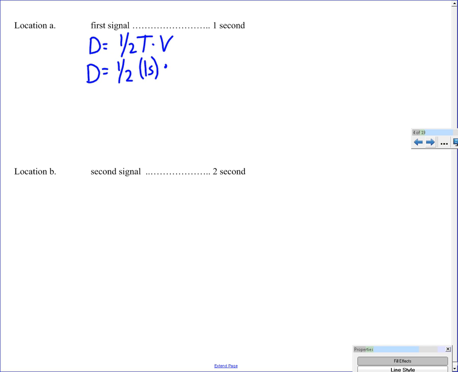What's velocity? We already have the number for velocity though. What is it? What's the speed? 1,524 what? What's 1/2 of the time? 0.5.